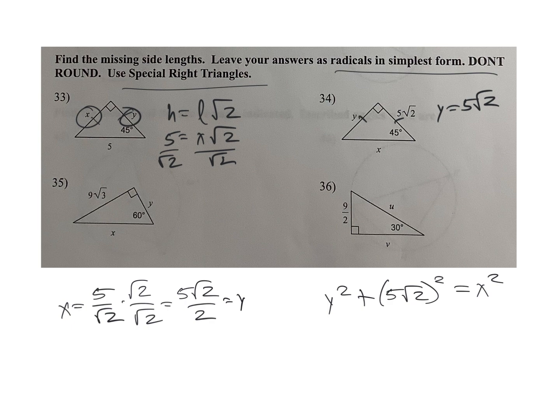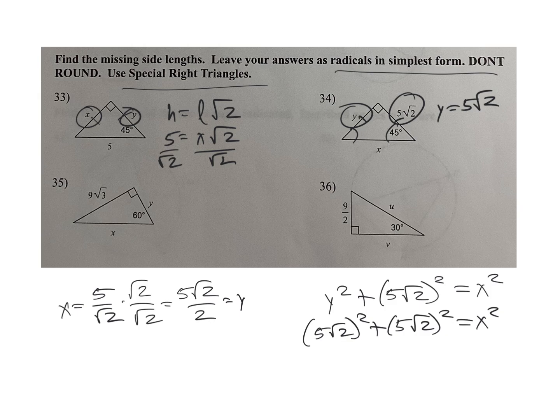So the only way to solve this with the Pythagorean theorem is understanding that those two legs have to be the same in a 45-45-90 degree triangle. So therefore, we have 5 square root of 2 squared plus 5 square root of 2 squared. It's the only way you could use the Pythagorean theorem, is that you understood those two legs were the same.